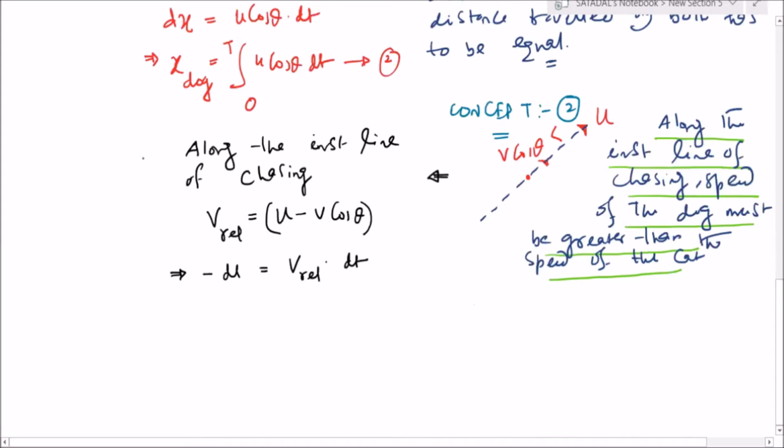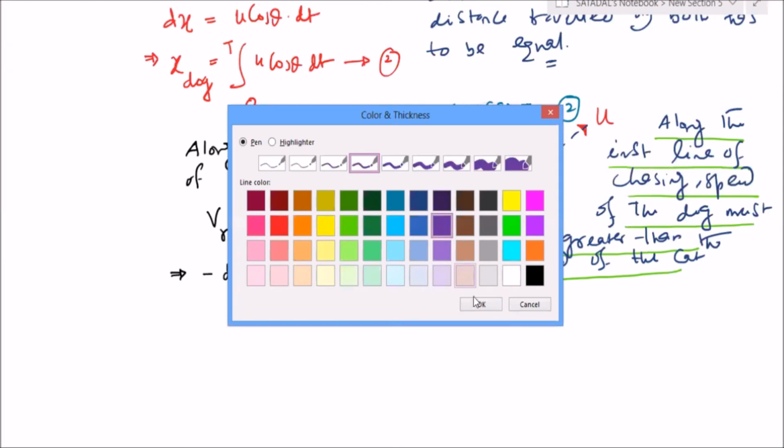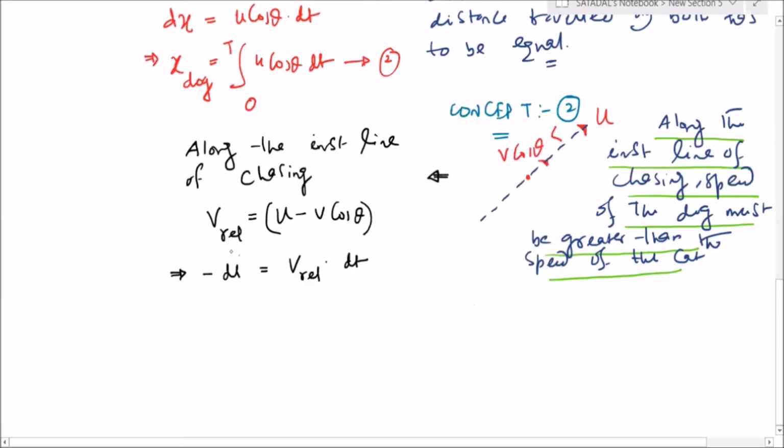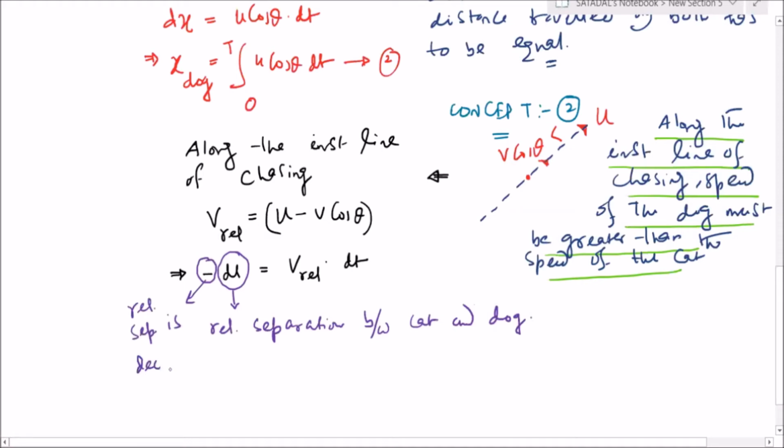Now here is again a concept. What is dl? dl is the relative separation between the two friends. Why is this negative sign coming? Because the relative separation is decreasing.